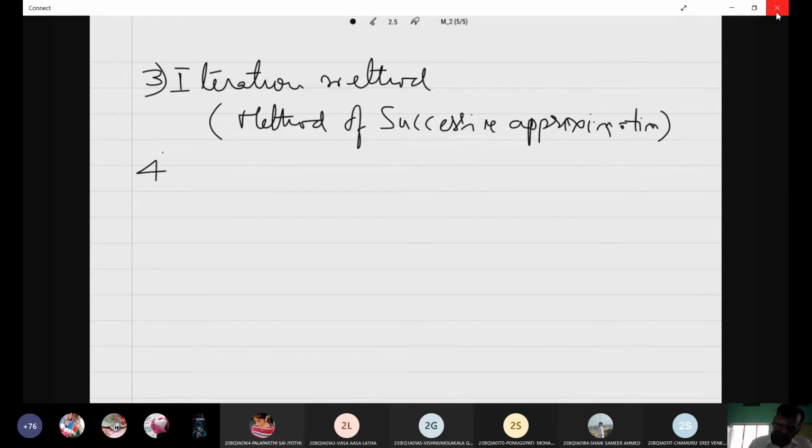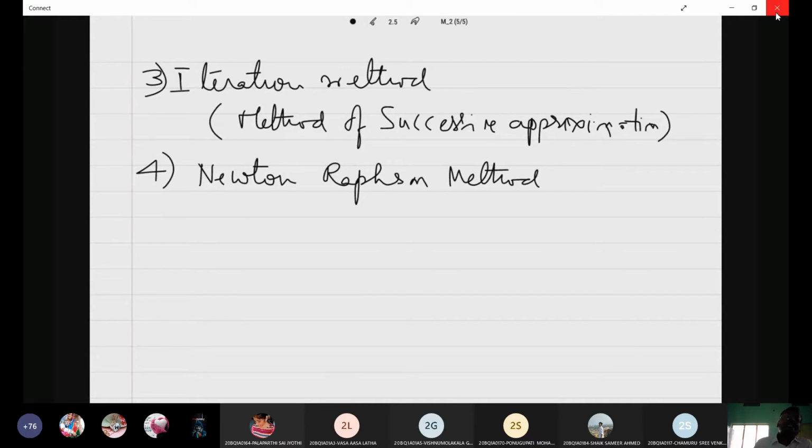And the fourth one is the Newton-Raphson method, or Newton's iteration method.